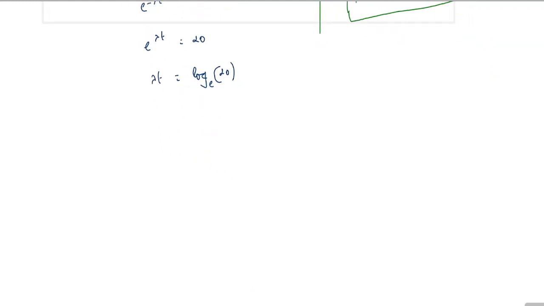If you go to the natural logarithm table, you find the value of log 20, and if you solve it, then we get lambda into T, this log of 20 to base e, is equal to 2.996, or the time we want to find out is 2.996 by lambda.